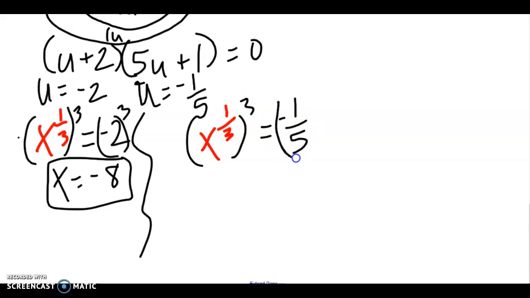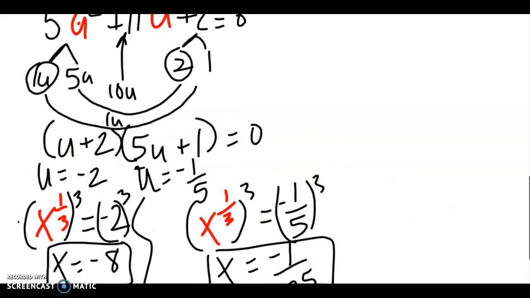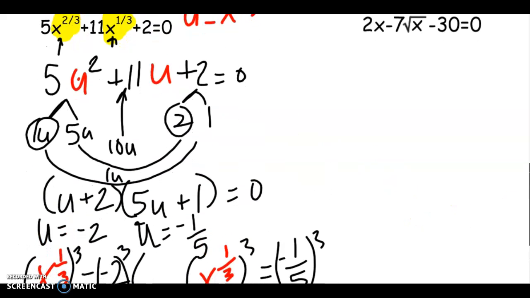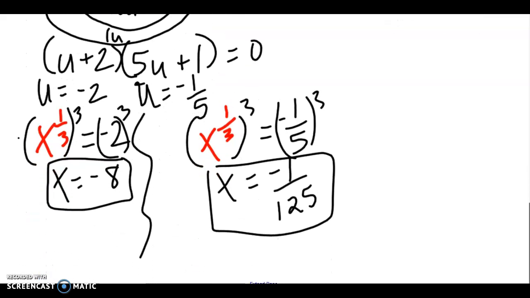So I third power it, and so x equals -1/125. And so then I can take those things, plug them back in up here, and I find that, yep, they're actually going to work out for me, and that is going to be a great thing.